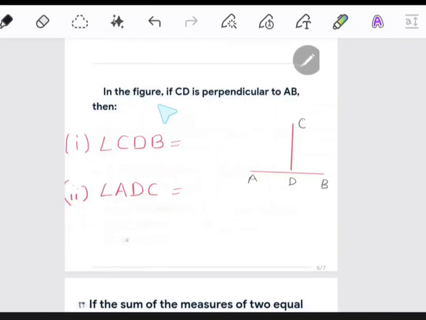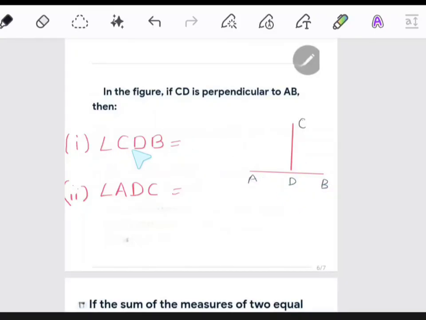Next question. In the figure, if CD is perpendicular to AB, then angle CDB equals dash, angle ADC equals dash. Let's look at this figure. The line AB, and CD is perpendicular.